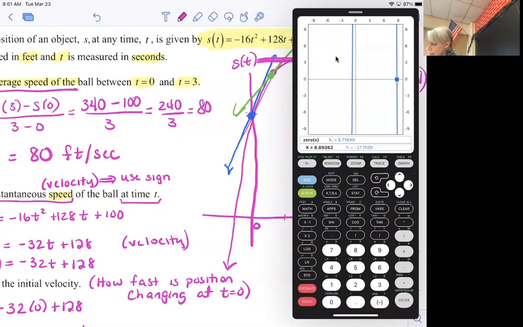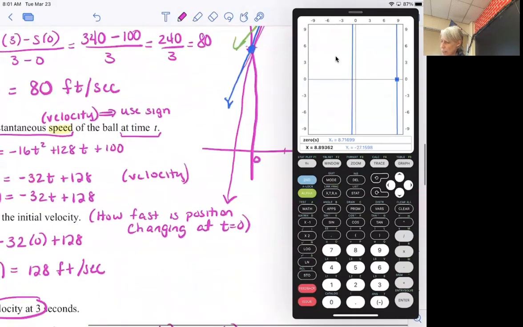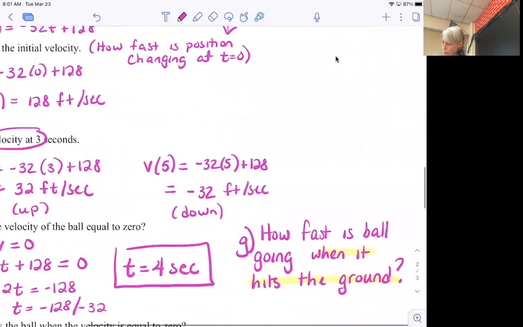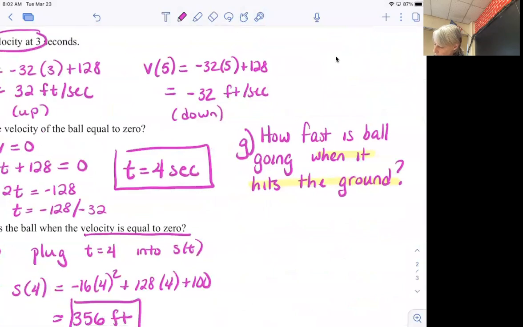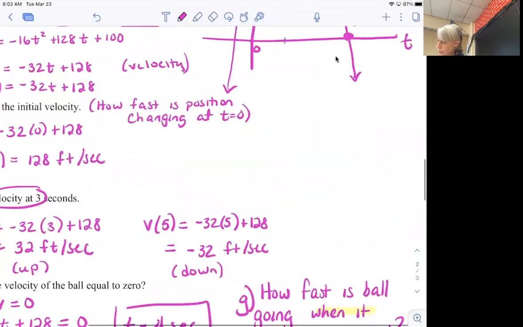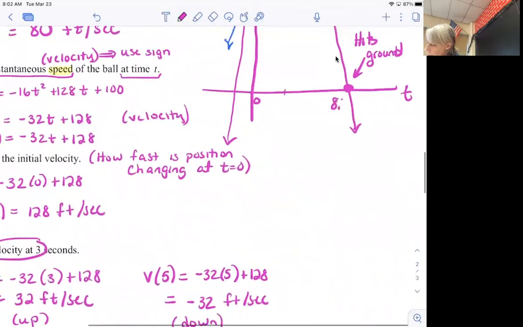Enter. And it hits the ground at 8.71699 seconds. So for the sake of things here, let's just use 8.7. So it hits the ground at t equals 8.7 seconds. We want to know the slope of the tangent line. We want to know how fast it's going.